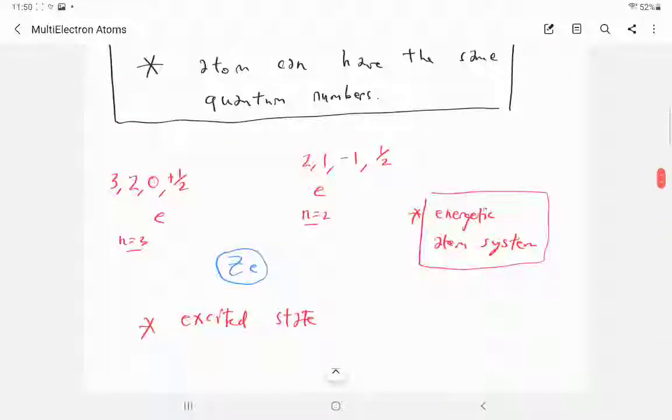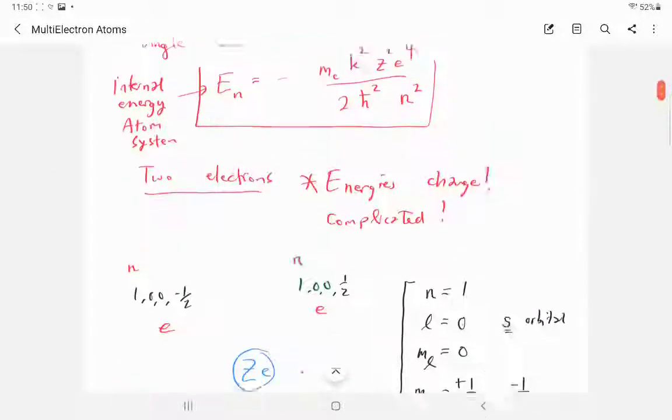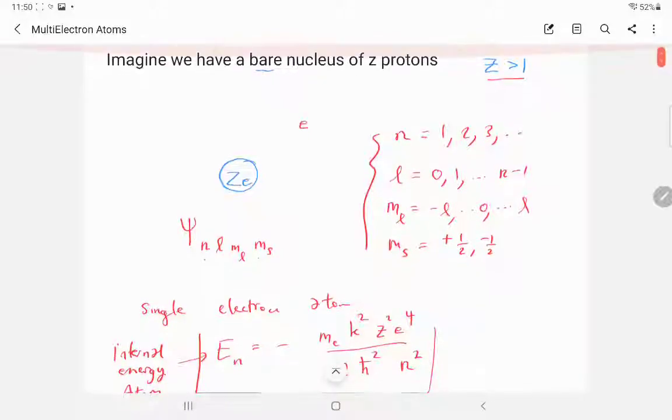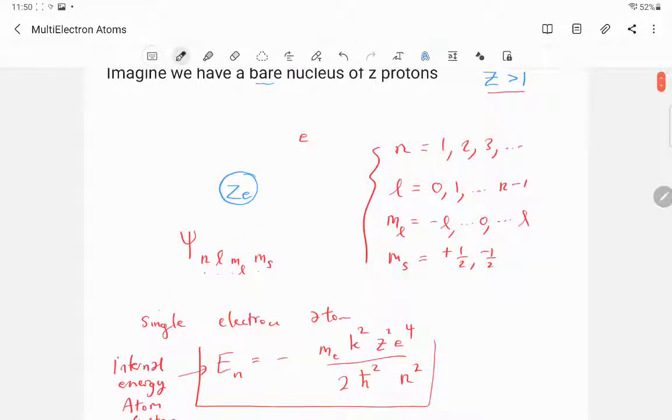So this is an introduction to spectroscopic notation, thinking about how we understand the quantum numbers of multi-electron atoms, and how similar it is. We're essentially recycling the quantum numbers that we got from the hydrogen atom.